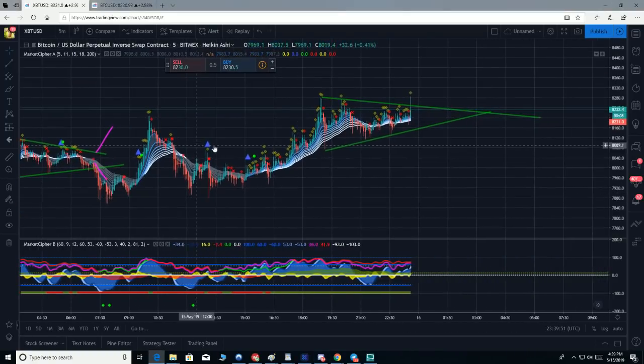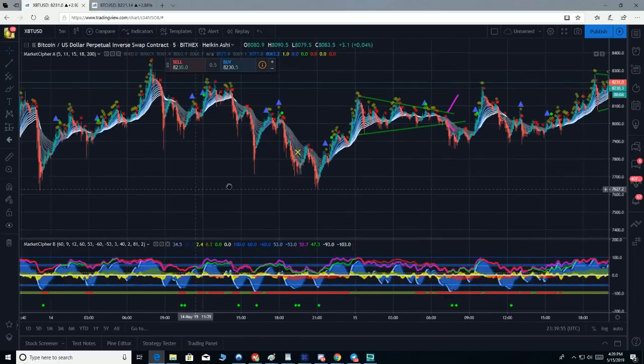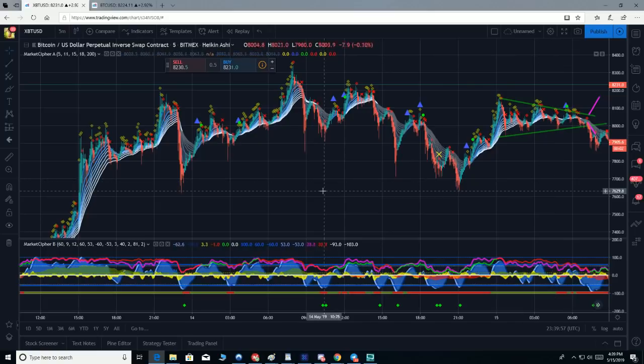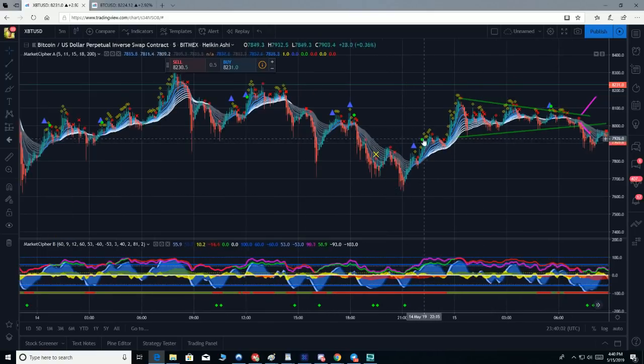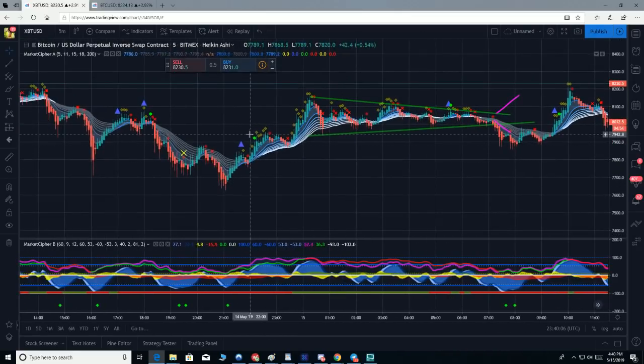I think that pretty much does it for Market Cipher A. I think that covers all of the little indicators on Market Cipher A. Oh, no, it doesn't. Next, we have these green dots as well. These green dots, we have this attached to bots.